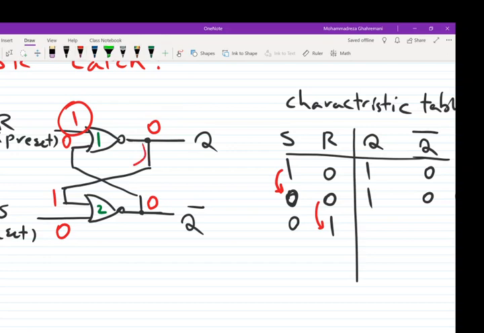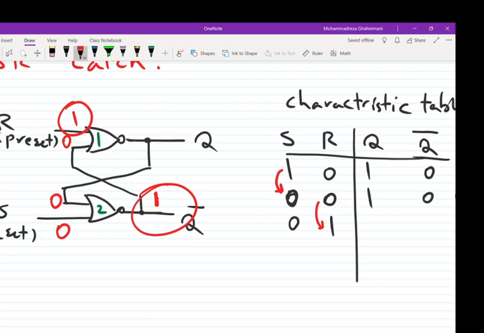So this 0 will be moved to the second input of gate number 2, which is 0. And the output of gate number 2 will be equal to 1.